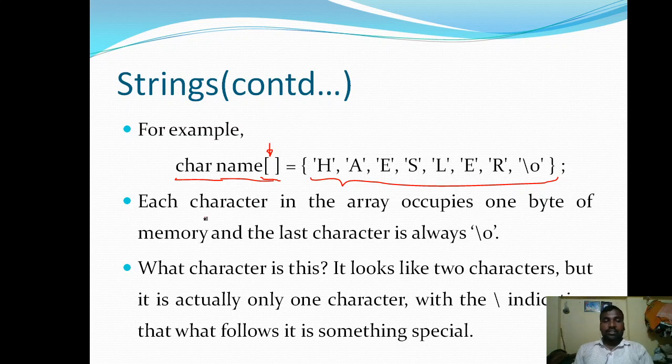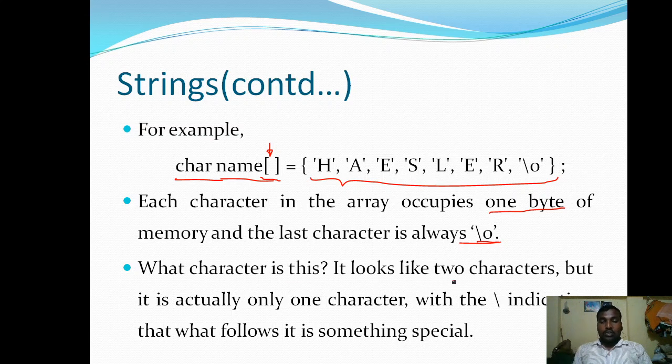Each character in the array occupies one byte of memory, and the last character is always \0. Now let us look at what this \0 is.